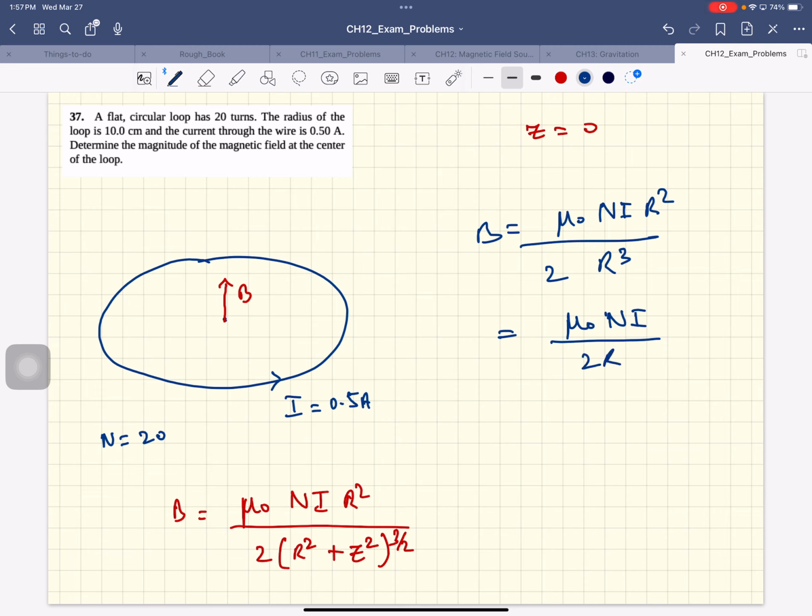So that's the field strength at the center of the loop. Now we can put in these values: 10 to the minus 7 Tesla meter per amp, N is 20, and current is 0.5 amps, divided by 2. The radius is 0.5 meters.